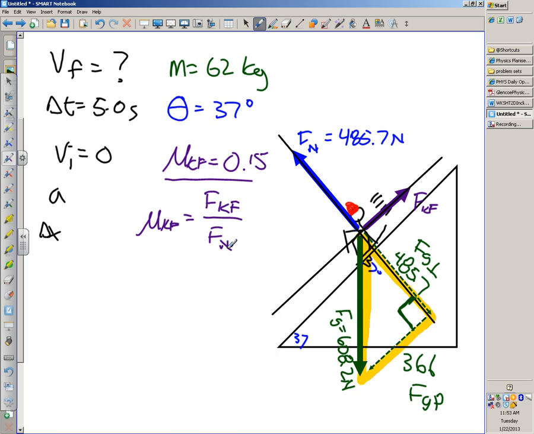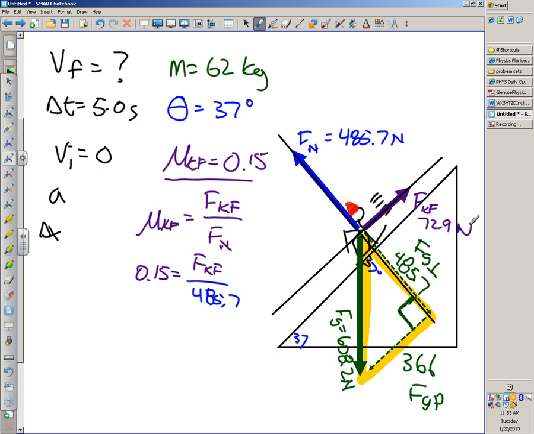That's our definition of coefficient of friction. We know this is 0.15. We don't know this one, but we do know that the normal force is now 485.7. And from that, I can figure out the frictional force. That turns out to be 72.9. Good? All right.